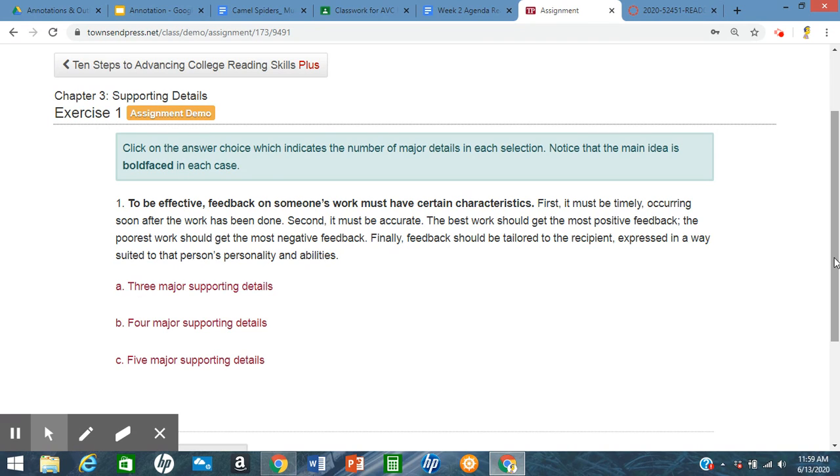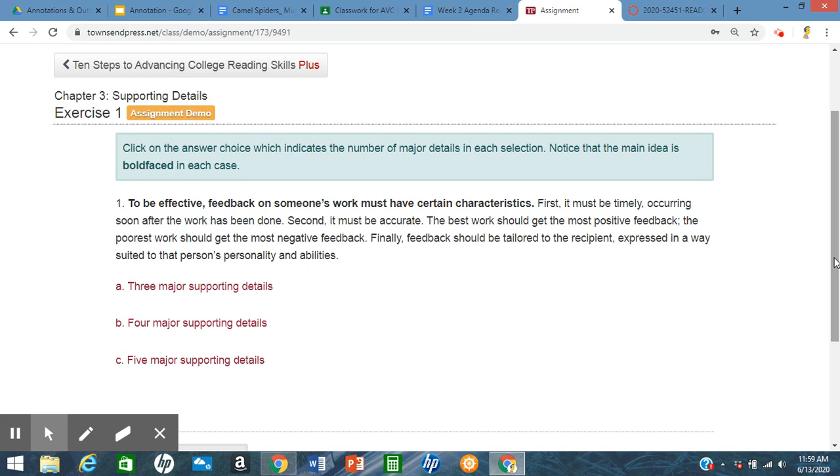Now, again, there are 2 different types of supporting details. There are major details. The major supporting details are indicated by, and you'll see throughout this presentation, this practice tutorial, signal words, usually adding information or time.